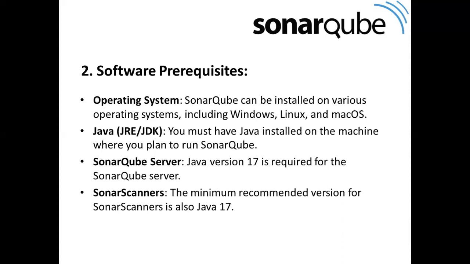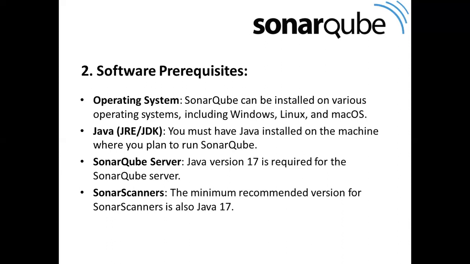After that, let's see SonarQube server. For the SonarQube server, Java version 17 is required. Using Java 17 is advised to get the best performance and compatibility with the SonarQube ecosystem.